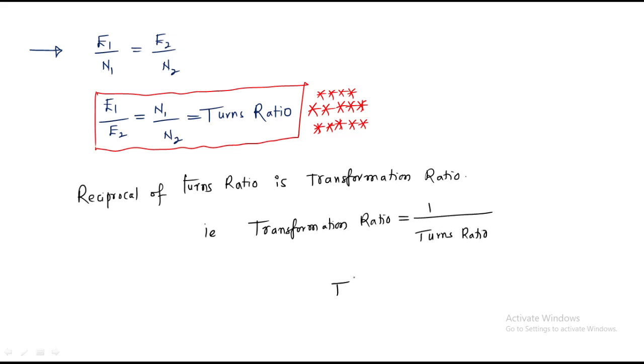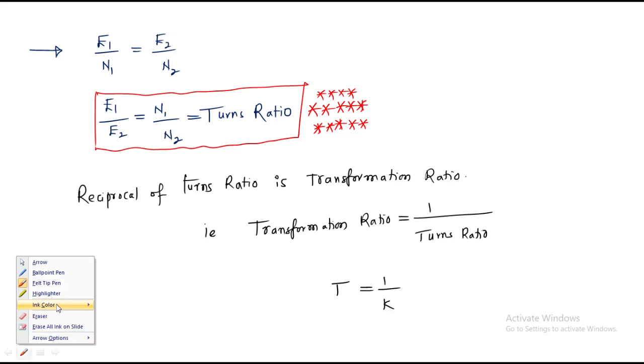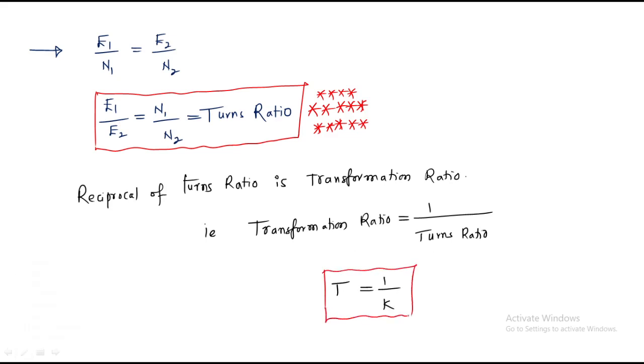Let us say T. We can write T equals 1 by K. This is the transformation ratio, this is the turns ratio, right?